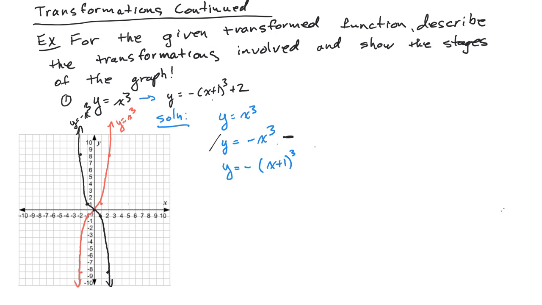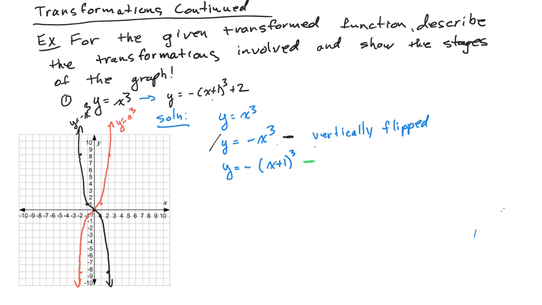I'm going to make that a green picture. For the first one, you're going to say that this was vertically flipped. And for the second one, it wasn't just vertically flipped, it was shifted.